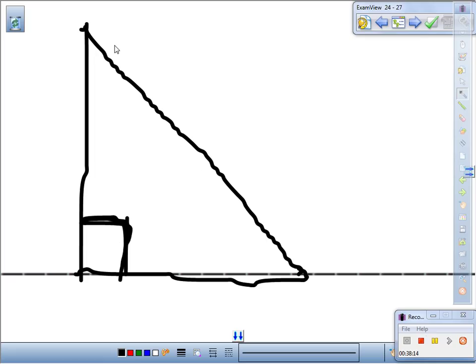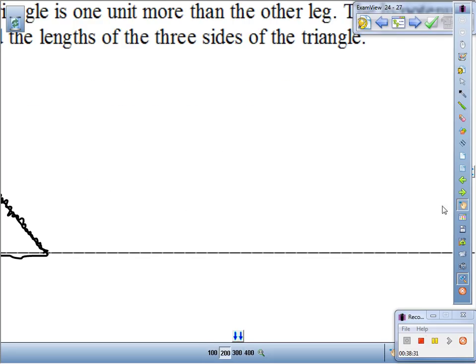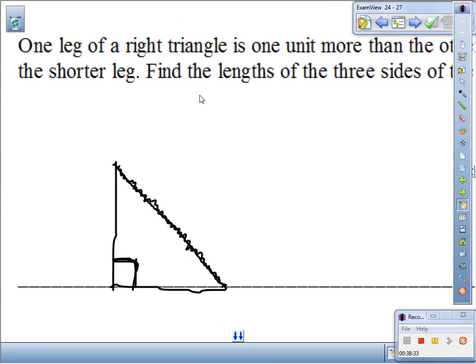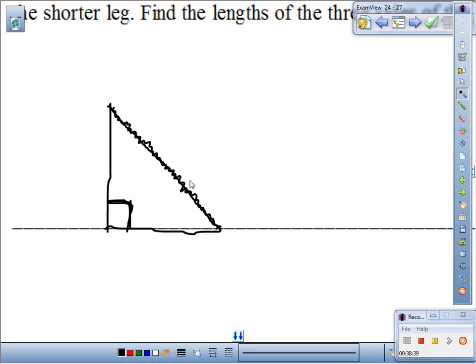So right away, make sure you do something to distinguish that from the others. I'm going to do a little squiggly line to remind me that this is the longest side. Okay? And of course, the other two are legs. So let's see what it says in the problem. It says, one leg of a right triangle is one more unit than the other. Okay, so question.